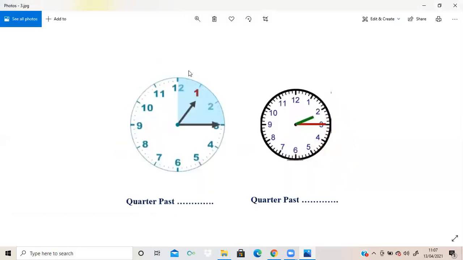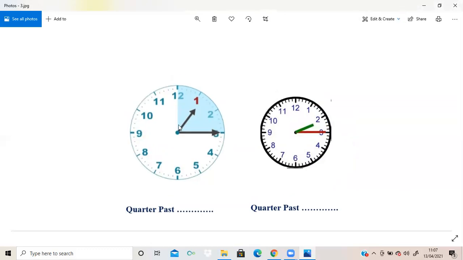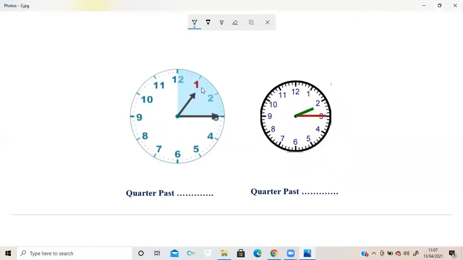In this picture you can see another two clock faces. In the first one, the minute hand is pointing at 3 and the hour hand is after 1 o'clock, so the time is quarter past 1. In the same way, in this picture the red minute hand is pointing at 3 and the green hour hand is pointing after 2, so it's quarter past 2.